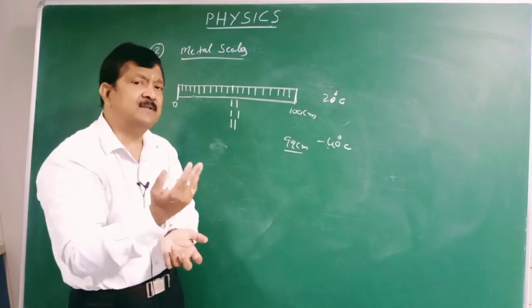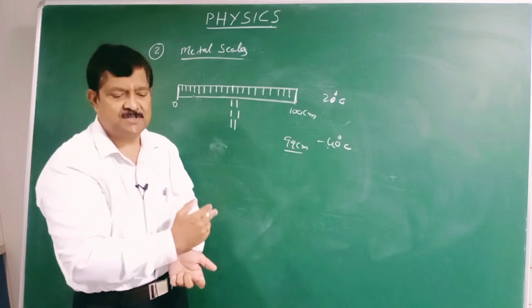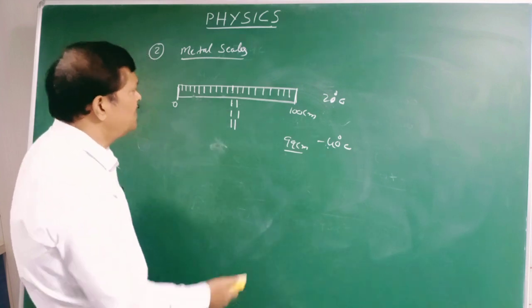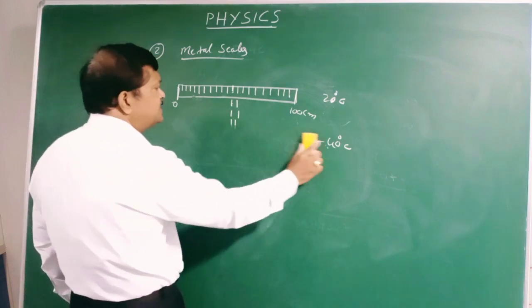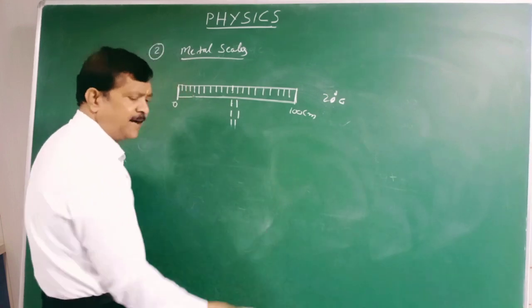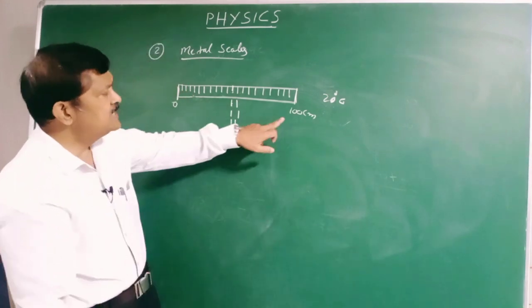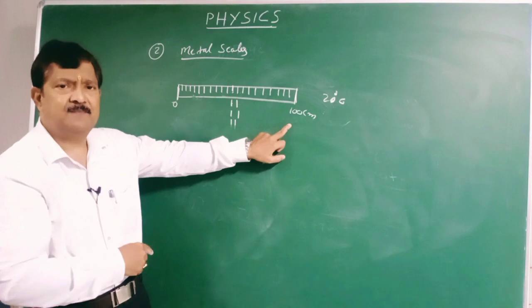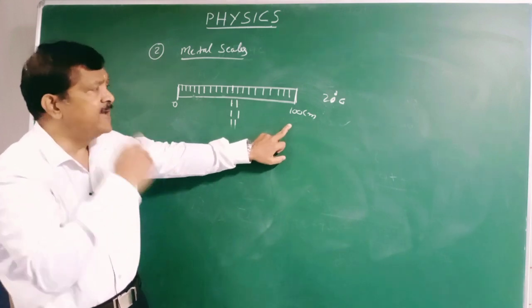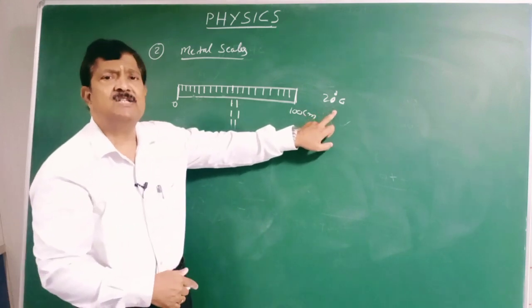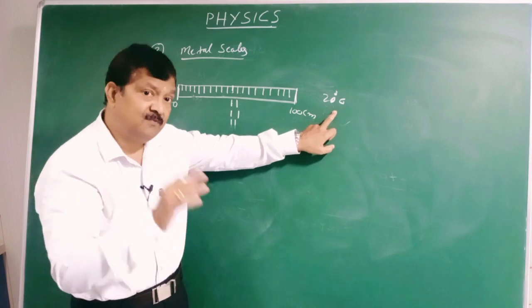Then how to measure the true value under the two conditions? Now to understand clearly, let us consider how it is expanding and contracting. When you are using the scale at a higher temperature, we said its length is not 100 but 101.